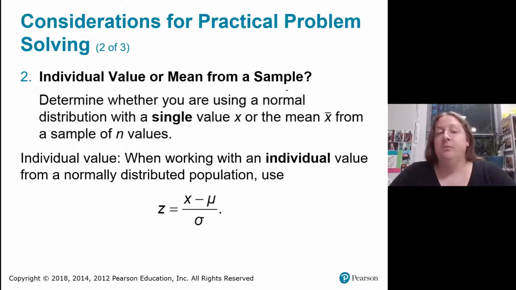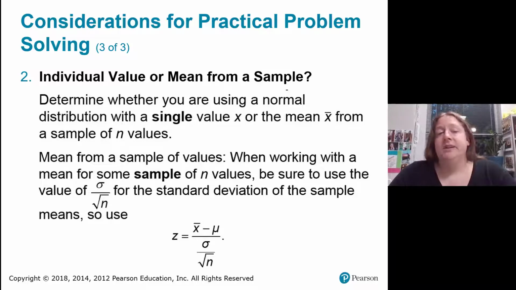If we're dealing with a single value, then we use our z-score conversion that we've used all along, z equals x minus mu divided by sigma, right? But if instead we're dealing with that sample mean, the x bar, then we need to make sure that we're dividing our standard deviation by the square root of n so that we're using the standard deviation of those means instead.